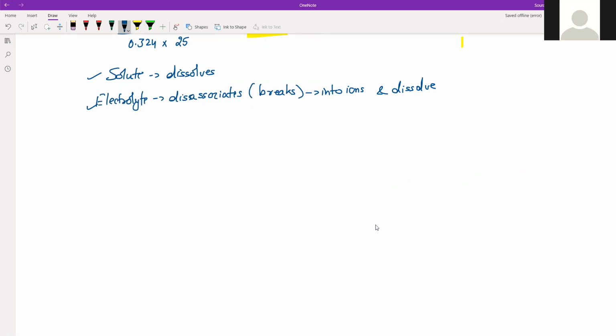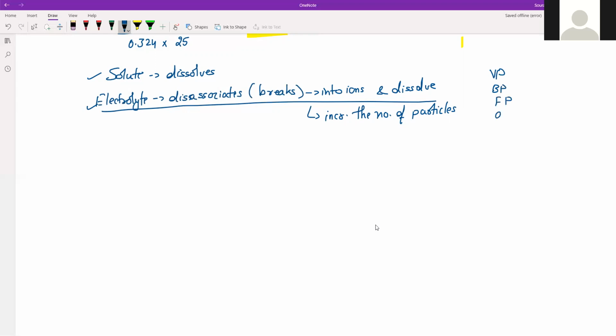Right? So when an electrolyte dissociates, this will obviously increase the number of particles. And whatever we have studied, that is vapor pressure or boiling point elevation or freezing point, and next we are going to study osmosis as well, all these things are colligative properties.